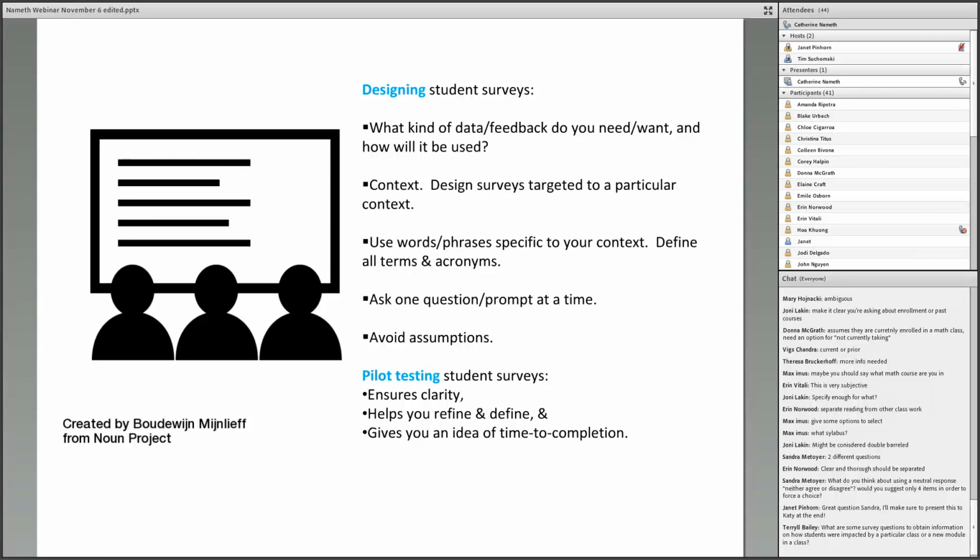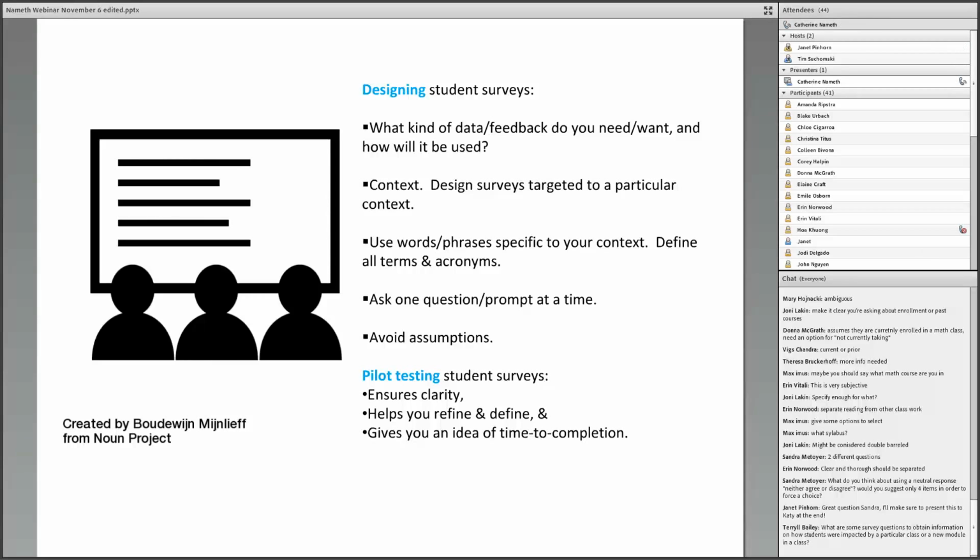So for me, reliability and validity, because my surveys currently are quite small, I put the context at the forefront of what I do.